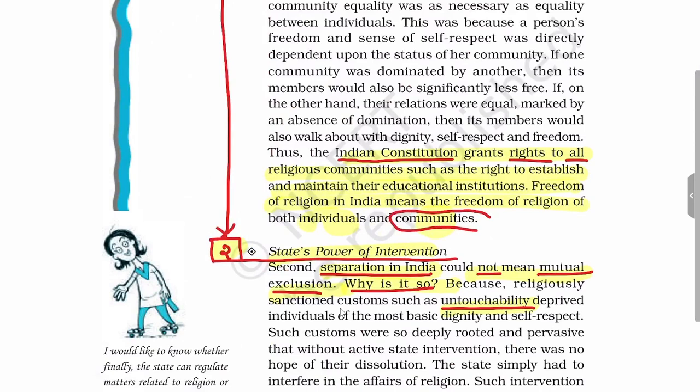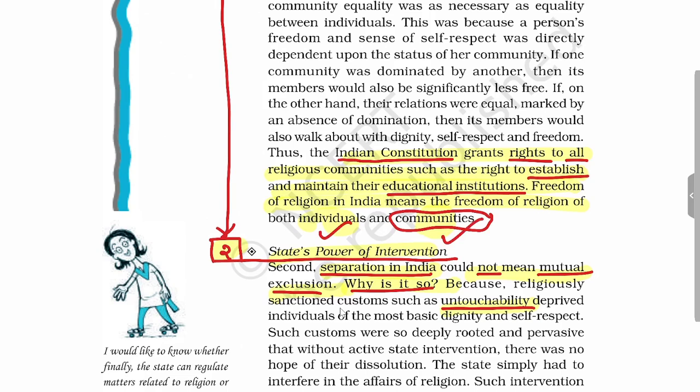Western secularism is related to individuals, not to communities. Indian secularism will provide rights, for example, the right to establish educational institutes related to religion, not only to individuals but to the community itself.